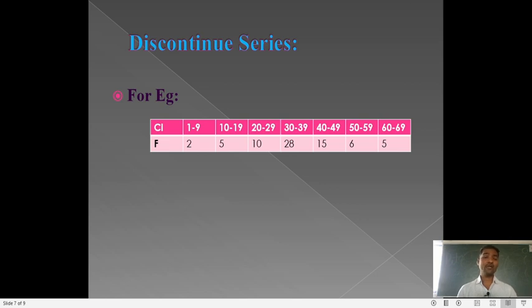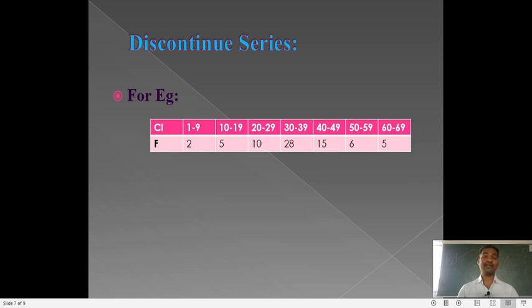So how do we do it? There are an upper limit and a lower limit. So 1 is the lower limit of the first class and 9 is the upper limit of that class. We subtract 0.5 from the lower limit and add 0.5 to the upper limit.